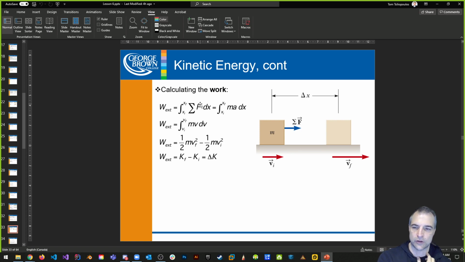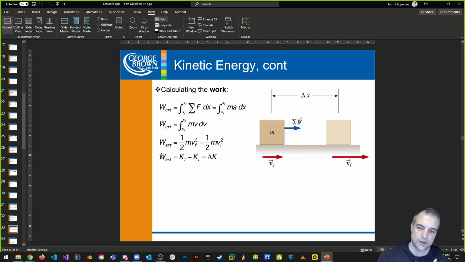And when you change force into ma, then you can simply say that work external is the integral between velocity final and velocity initial. We know that work is equal to force across the x-axis. Once we've done these two things, we can relate one thing to the other. We can say that the external work is 1/2 mv squared final minus 1/2 mv squared initial.